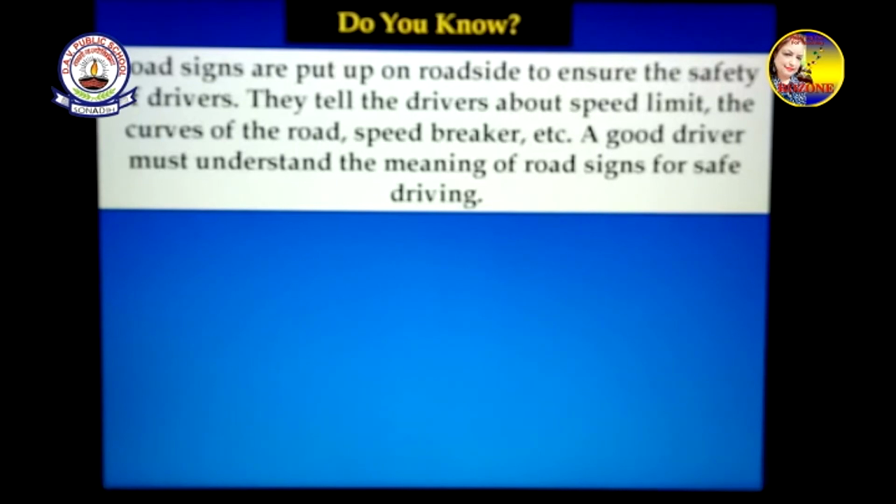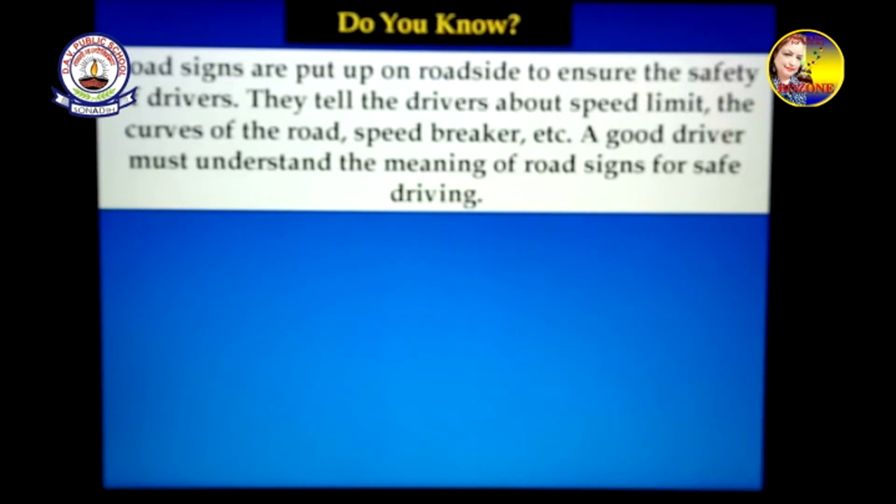So when you understand those road symbols, then only you will be able to be safe on the road. You will be able to drive safely because you have understood what that road sign means. A good driver must understand the meaning of road signs for safe driving.